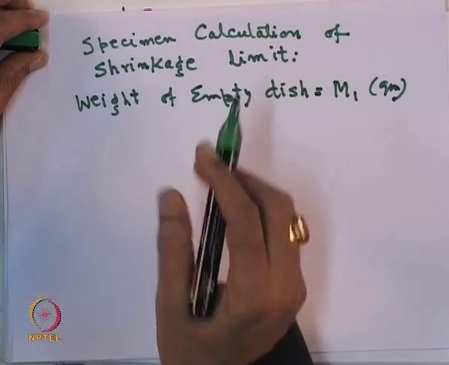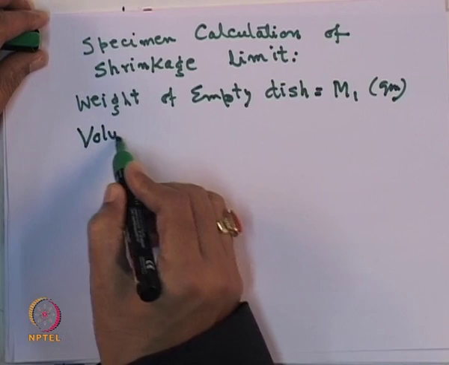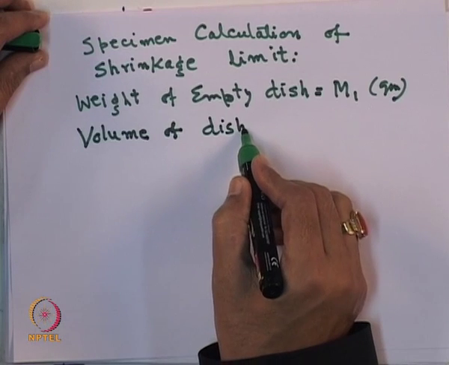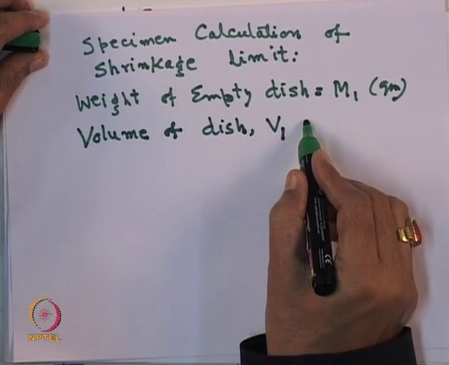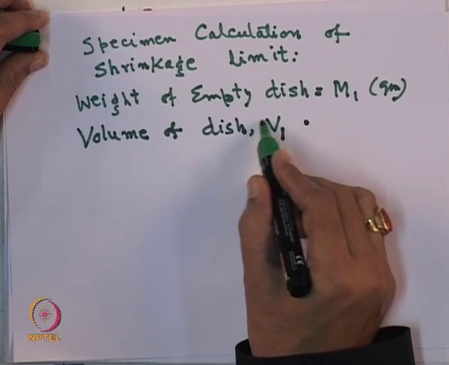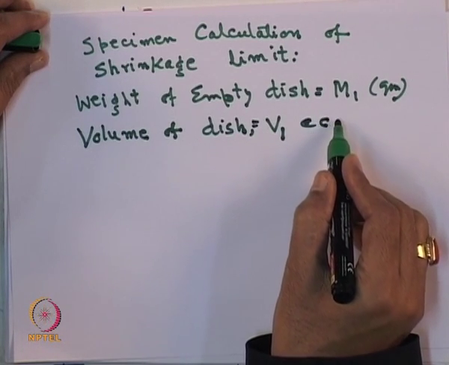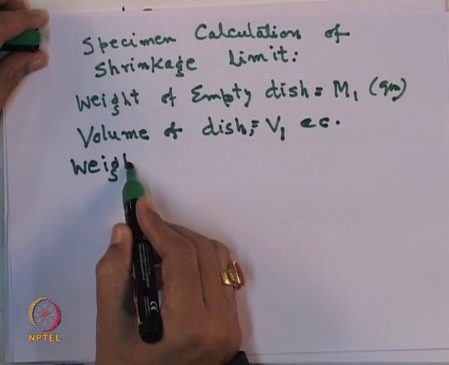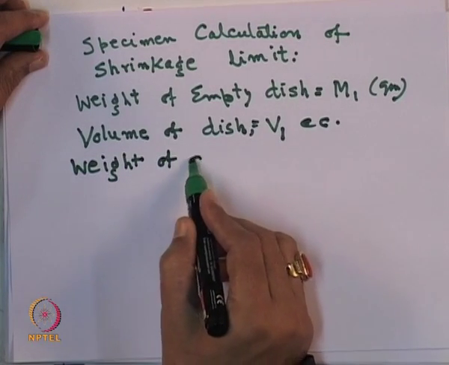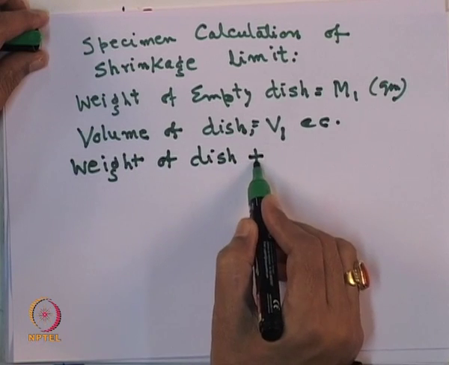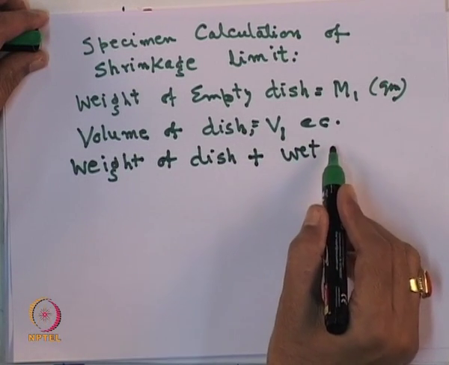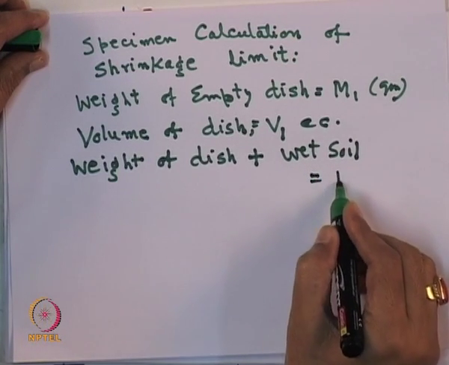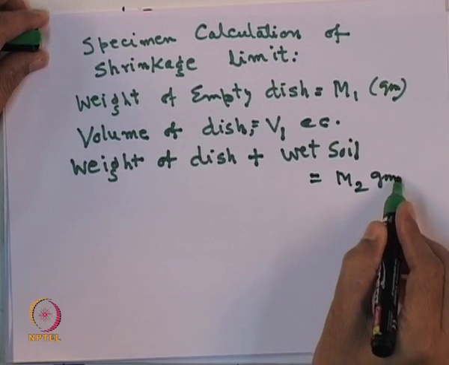Now, you can take the volume of the dish, let us say V1, in cc. Now, the weight of the dish plus wet soil is equal to m2 gram.